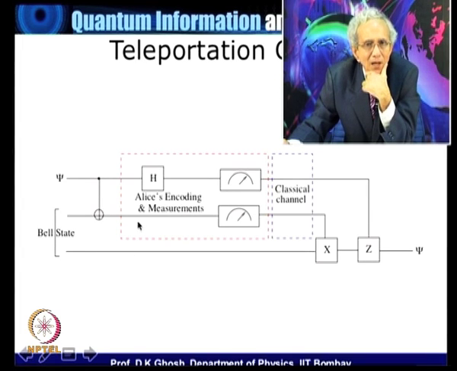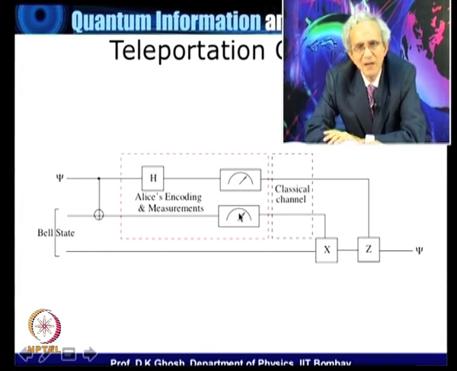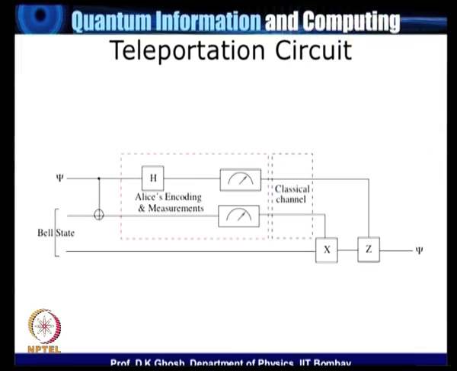And Alice will make a measurement of the second qubit as well, but in terms of time, the Hadamard gate precedes this second measurement. So one Hadamard gate on the first qubit and a measurement of the first and the second qubits is what Alice does.